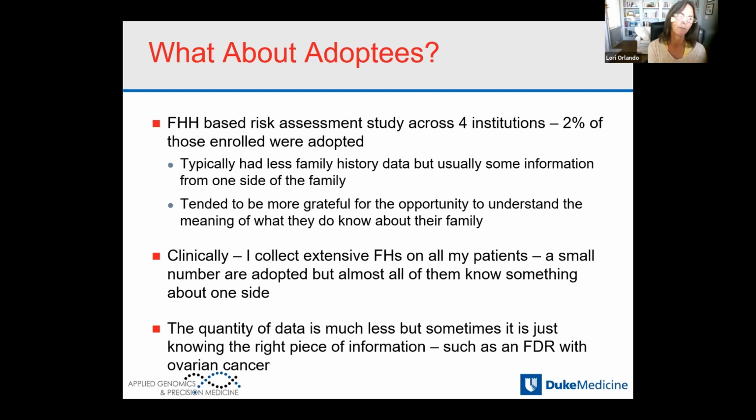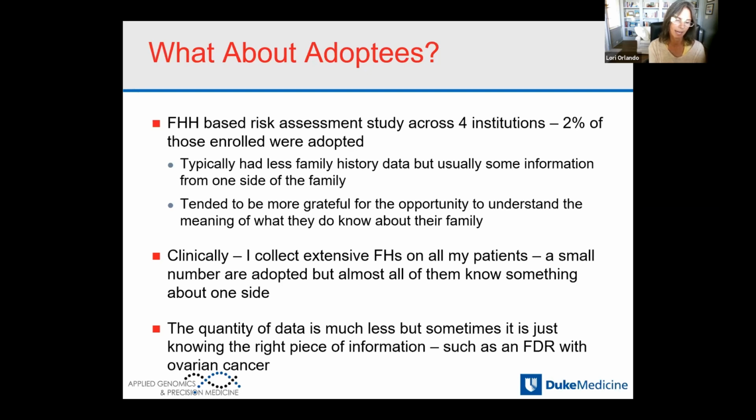And so since then, we've had about 2% of the people who enroll in our studies do indicate that they're adopted. And typically, as you would expect, they have a lot less family history information that they enter into the system, but they usually have some, and it's typically from one side of the family.